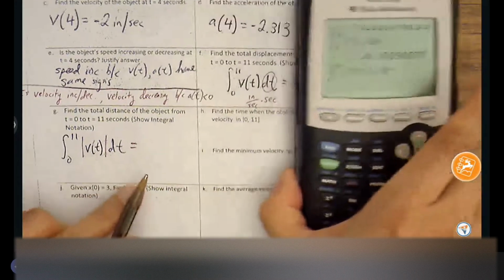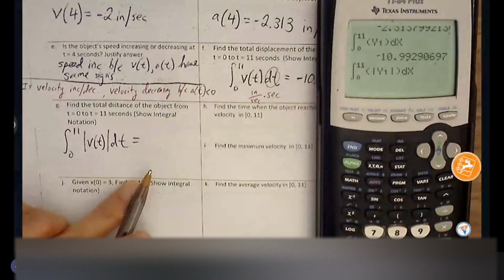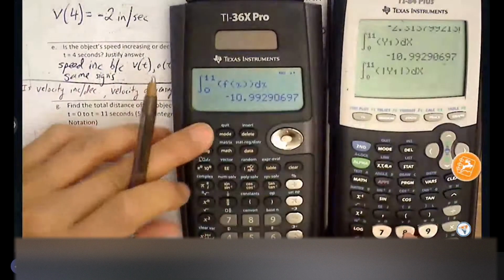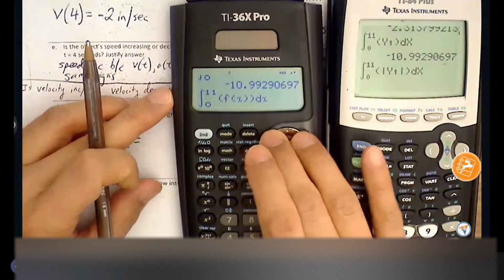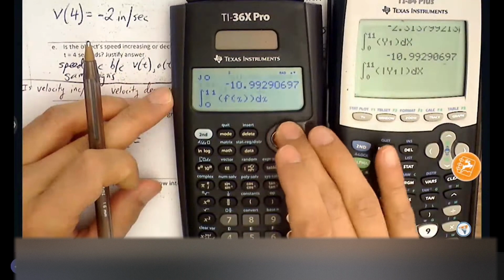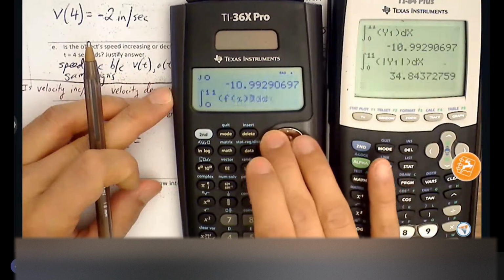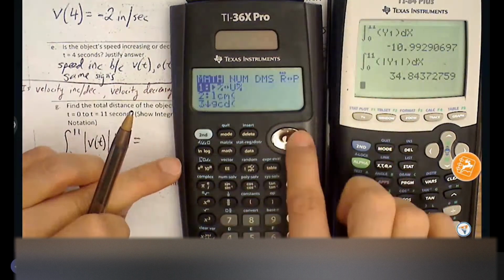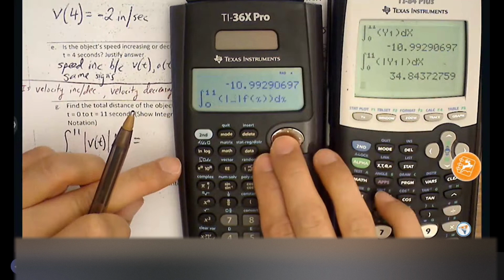It takes a while for absolute value calculations, especially on the 36 Pro.